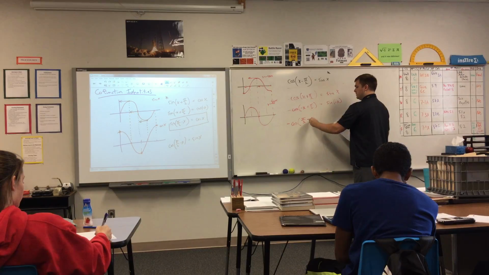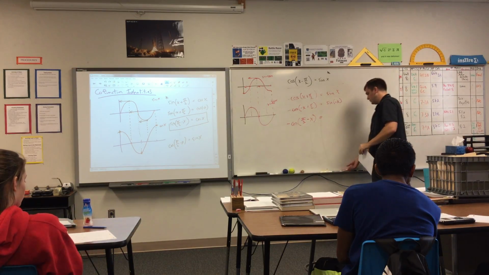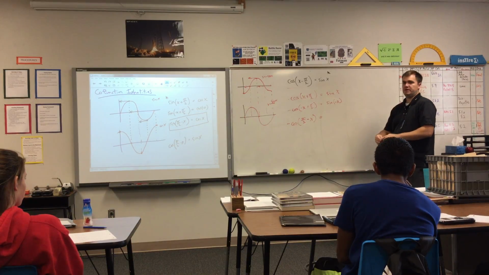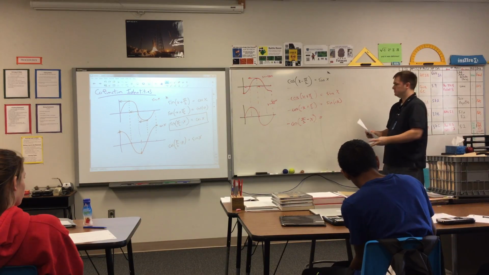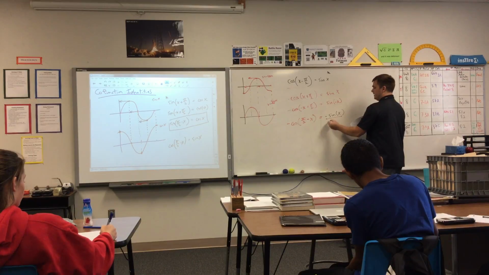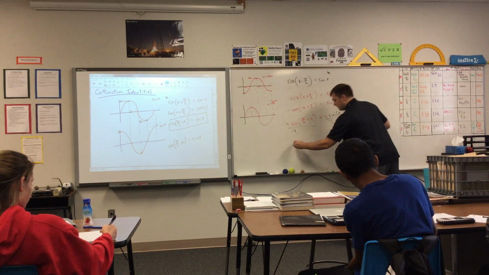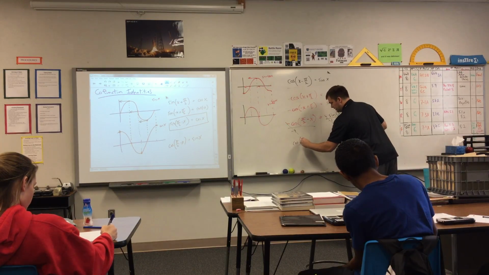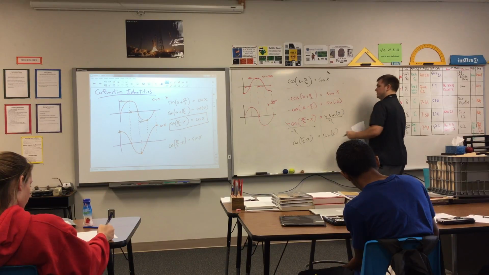Pi over 2 minus x equals, now using our reducing formula, what is the sine of negative x? Negative sine of x. Negative and a negative, you can divide both sides by negative 1, cancels. And so you have the original cosine of pi over 2 minus x equals sine of x.